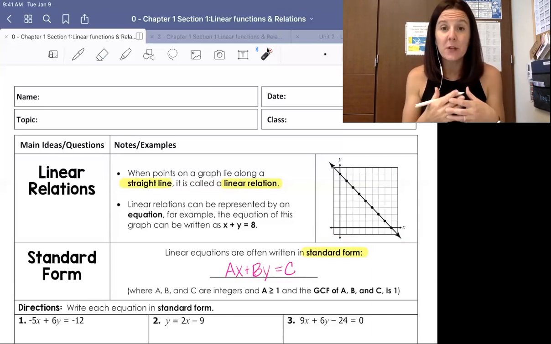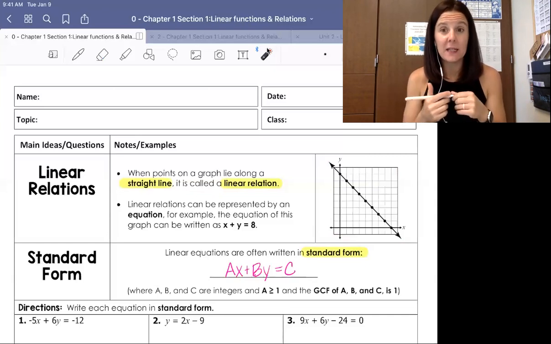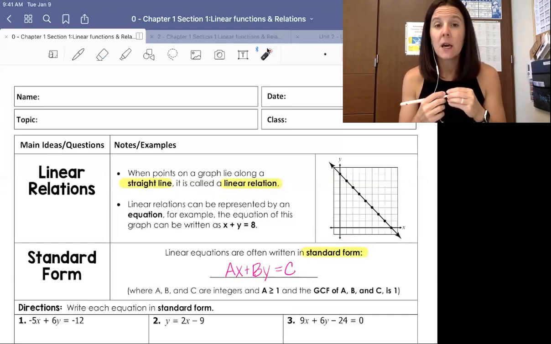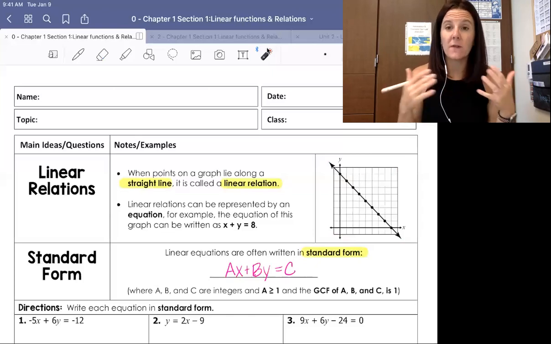A has to be greater than 1, so it can't be a negative number. And the greatest common factor of those three values, a, b, and c, is 1, which means they can't have any common factors. They can't all be divisible by the same number. And you'll see some examples of what it looks like when they are not, and how we fix that.